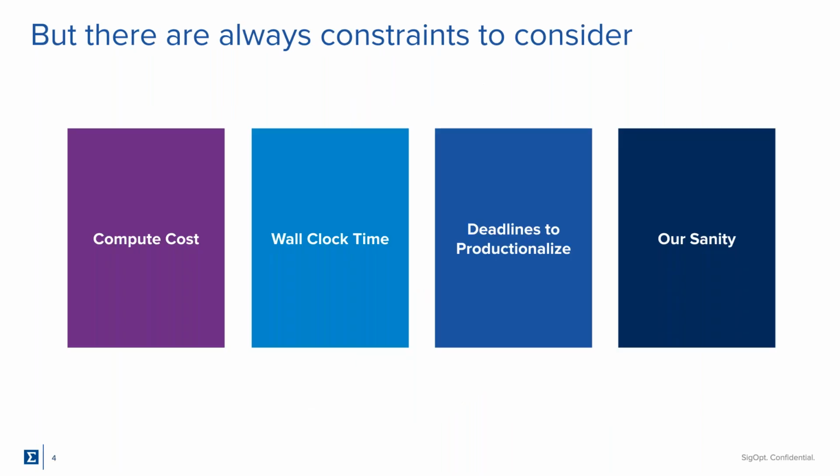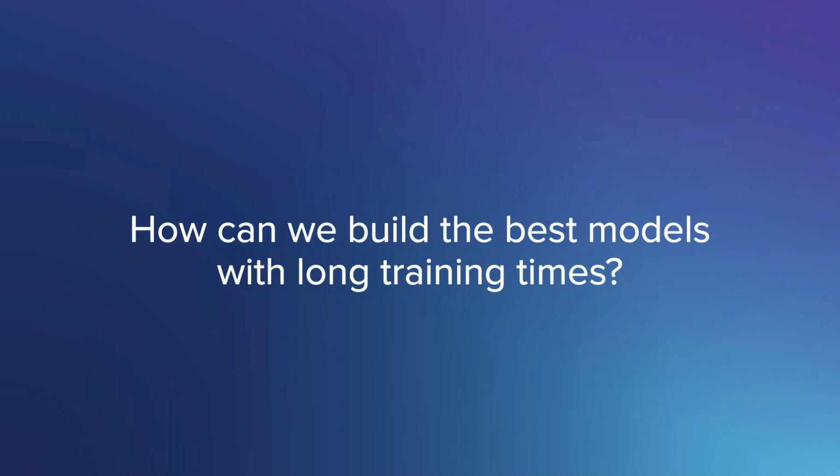But we can't really do that due to constraints we have to consider, including compute constraints, time constraints, and our general sanity. So given these constraints, how can we build the best possible models when long training times need to be taken into consideration and are a problem that we want to solve given these constraints?